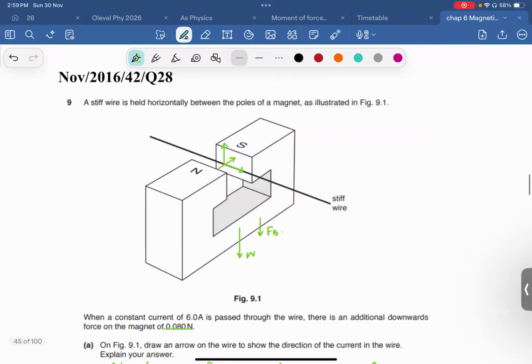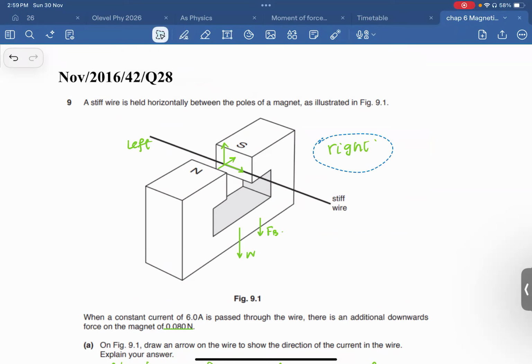Or you can also say that it starts from the left and moves to the right.